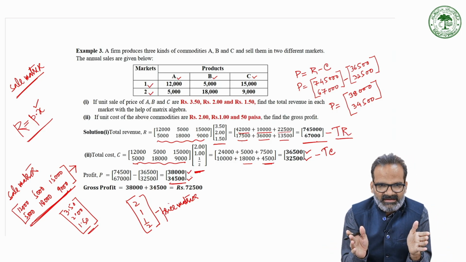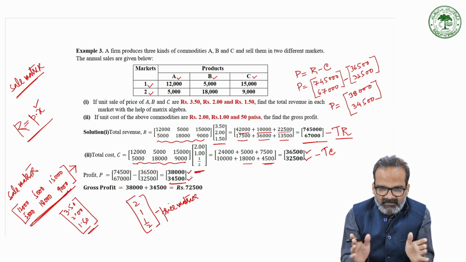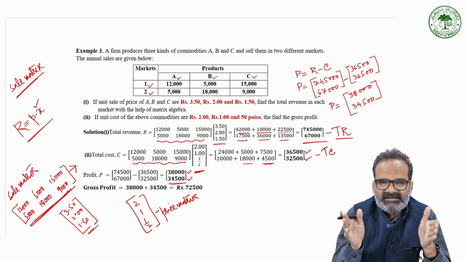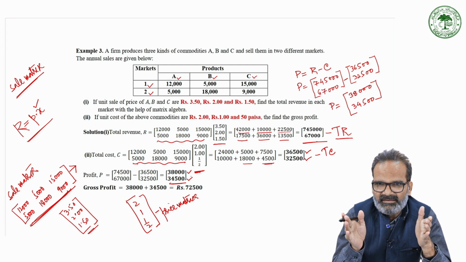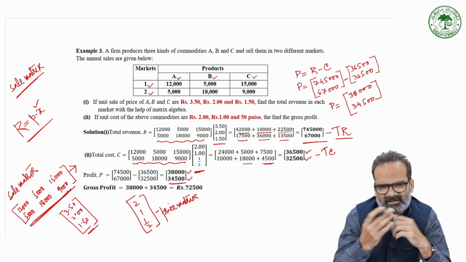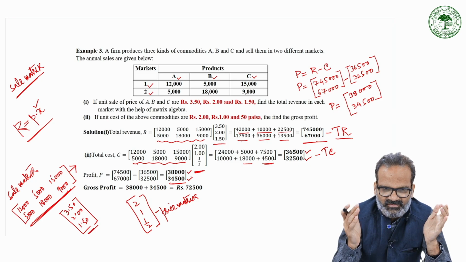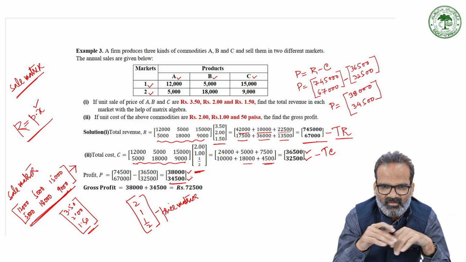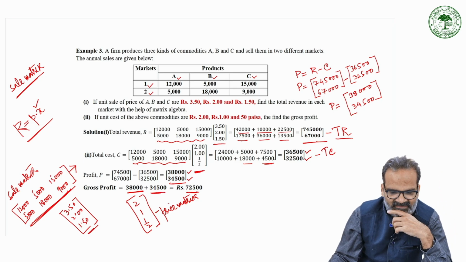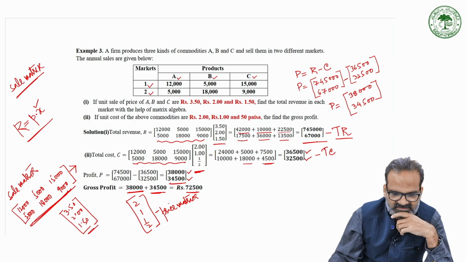So this is how we can calculate the total profit earned by the two different firms 1 and 2 by selling three different commodities A, B and C, and we have to finally calculate the gross profit. You know, gross profit means the profit of market 1 plus the profit of market 2. So add these two entries, 38,000 plus 345,000. The sum comes out to be 725,000.